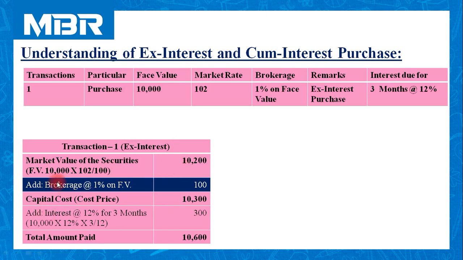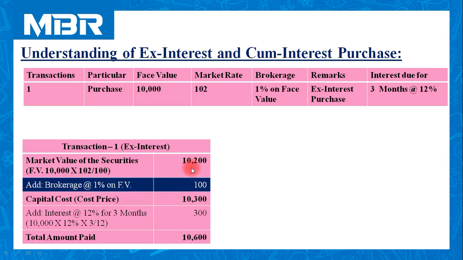Brokerage: in case of purchase, we need to add brokerage. In our question, information is given regarding brokerage. It is chargeable at the rate of 1% on face value. So face value is rupees 10,000. 1% of these 10,000 is rupees 100.